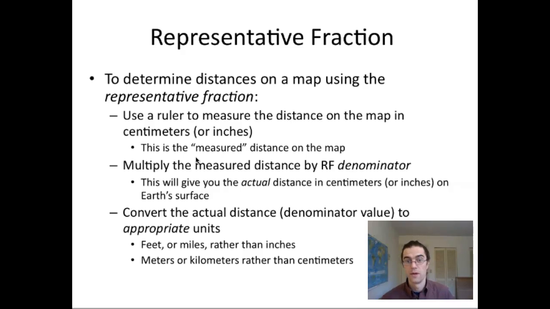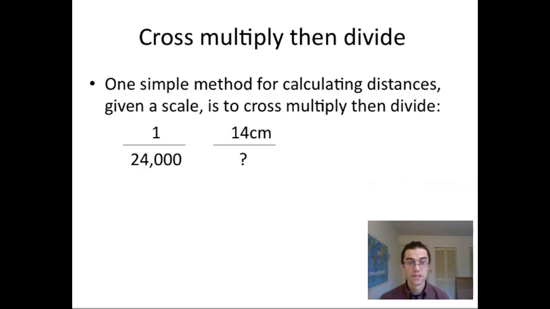So I'm going to convert, as the point says here, or it's essentially dividing, right? So as an example of that, cross multiply and then divide is the little title here. One simple method for calculating distances given a scale is to cross multiply and then divide. So you have a 1 to 24,000 representative fraction, right? And you measure out 14 centimeters on the map. Well, how far would that be in actual space, right?